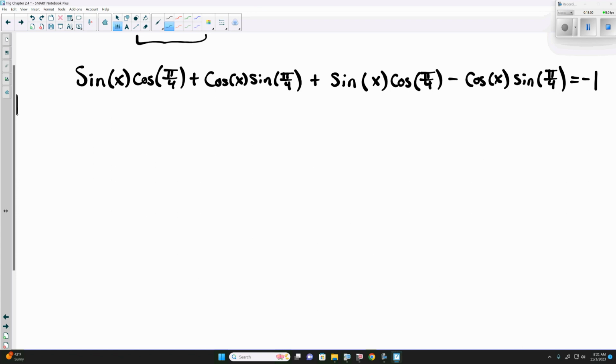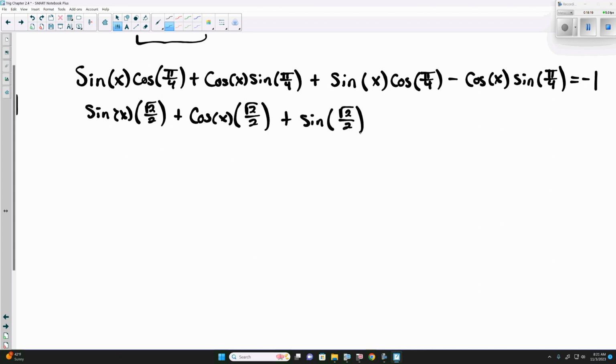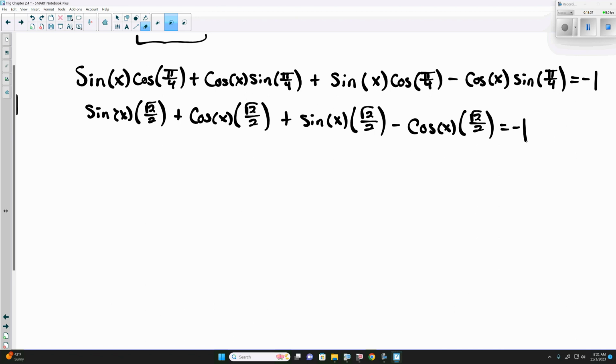So the first one here, really we're saying that we have sine of x times square root 2 over 2, plus cosine of x times the square root 2 over 2, plus sine of x times square root 2 over 2 minus cosine of x times square root 2 over 2 equals -1.